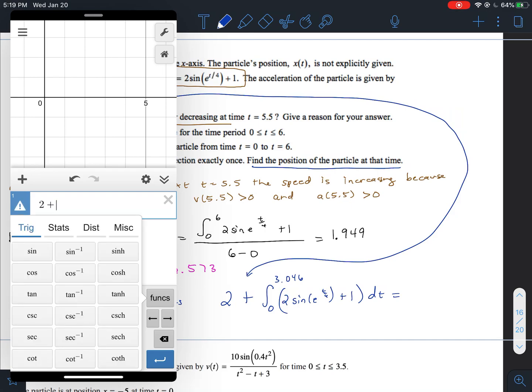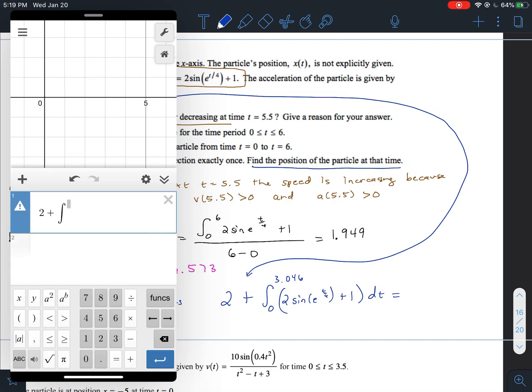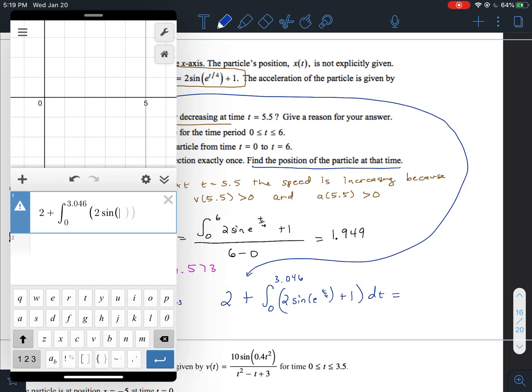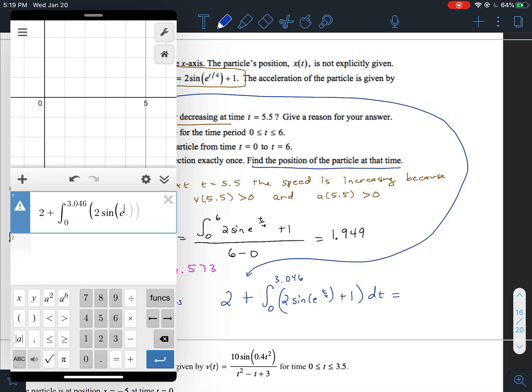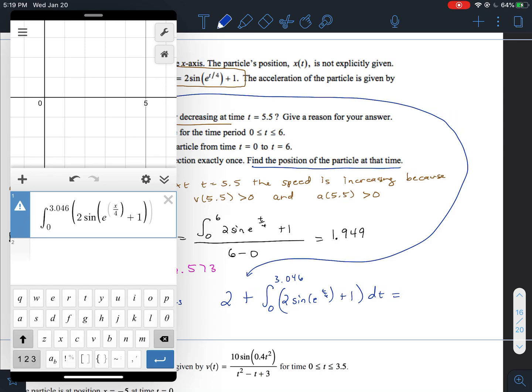It was already 2 units to the right, and then we're going to integrate between 0 and 3.046, and then the function, 2 sine e to the x divided by 4, plus 1, and then dx.